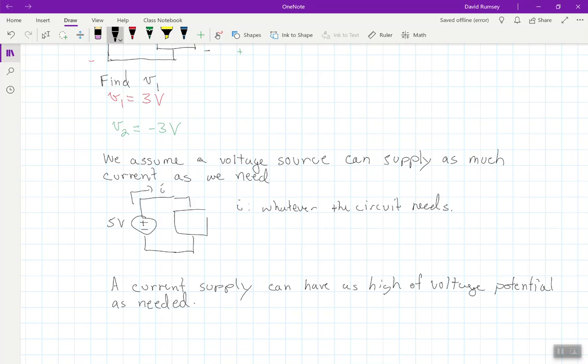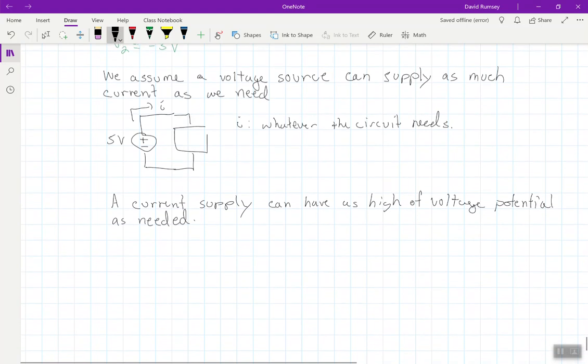But you can absolutely buy power supplies where you purposely supply 1 amp of current to the circuit. It's not that you have a voltage potential, you're just supplying a current into the circuit. So that's absolutely possible to do. They're just not very common.